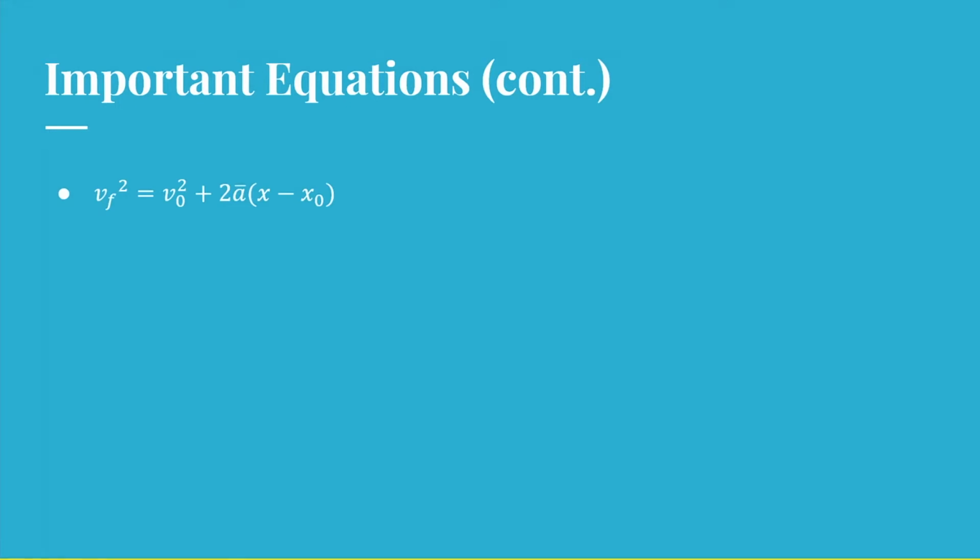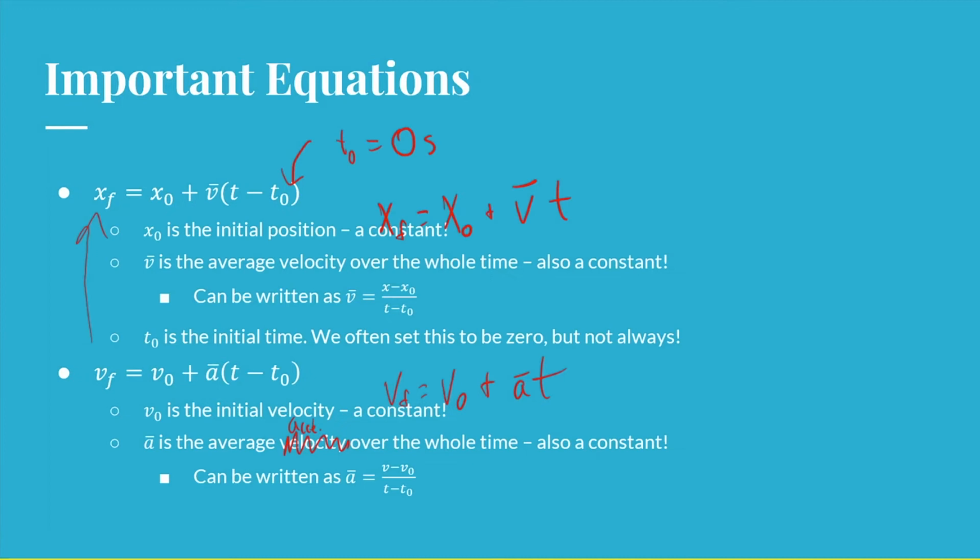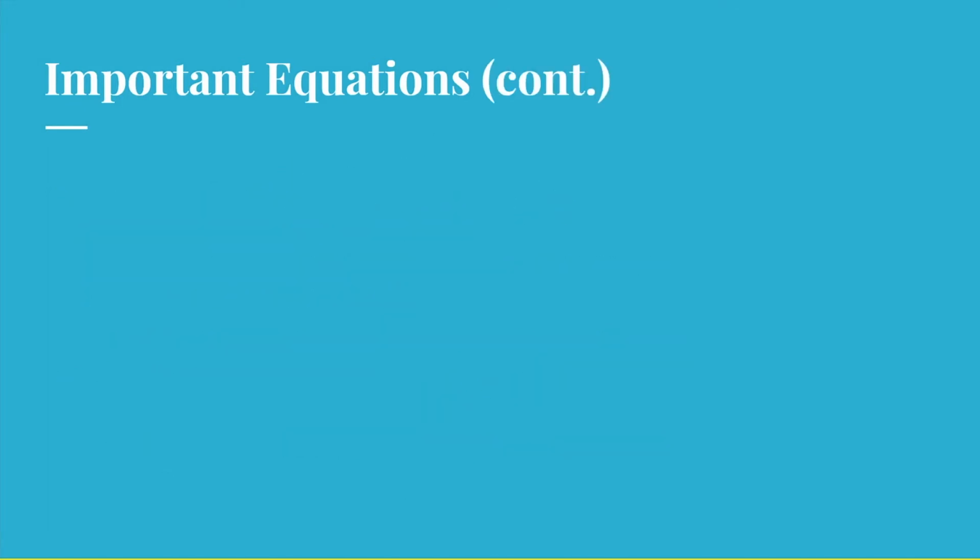Another equation that we use is very similar to the one that we had before, but instead of time in the parentheses, we have position in the parentheses. And certain of these things are getting squared.